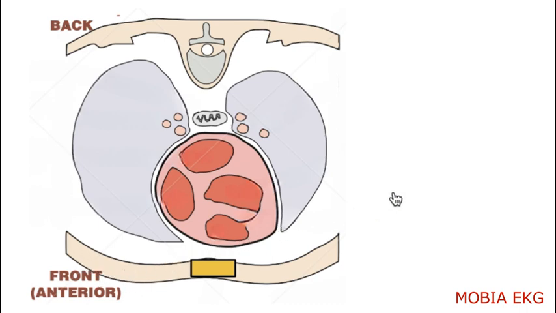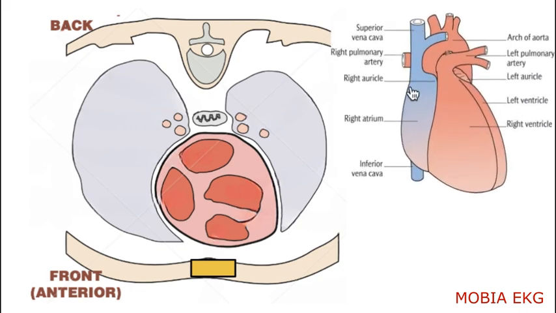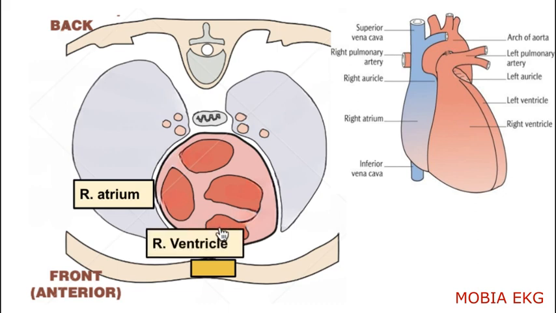As we know, the right side of the heart is made by the right atrium. So the right chamber will be considered the right atrium. Also, please pay attention to this picture. The right ventricle is located in front of and below the right atrium. Based on this, if we move to the anterior or lower part of the right atrium, we can find the right ventricle.